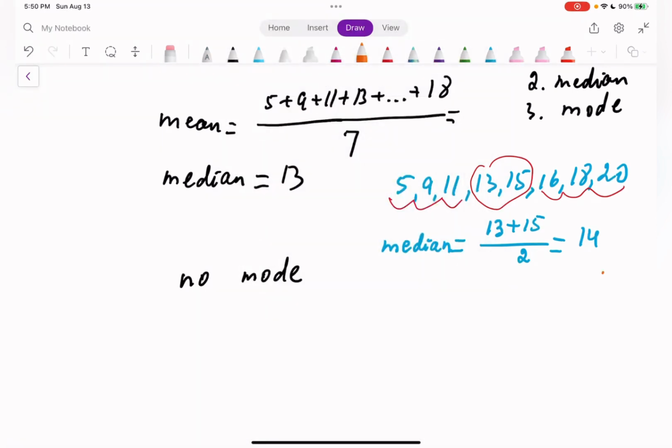For example, 2, 4, 3, 2, 3, 6, 4, 5, 7. So what do we have? We have twice 2, right? And then we have twice 3, right?